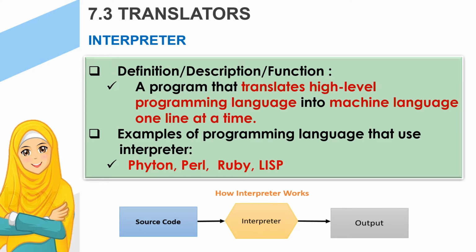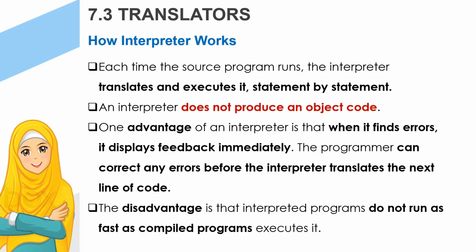So if you look at the diagram here, we have the source code, and then we have in the middle we have to use an interpreter to translate the source code in order to produce the output of our program. So in your notes, we don't have these details, but I will explain to you a little bit how interpreter works.